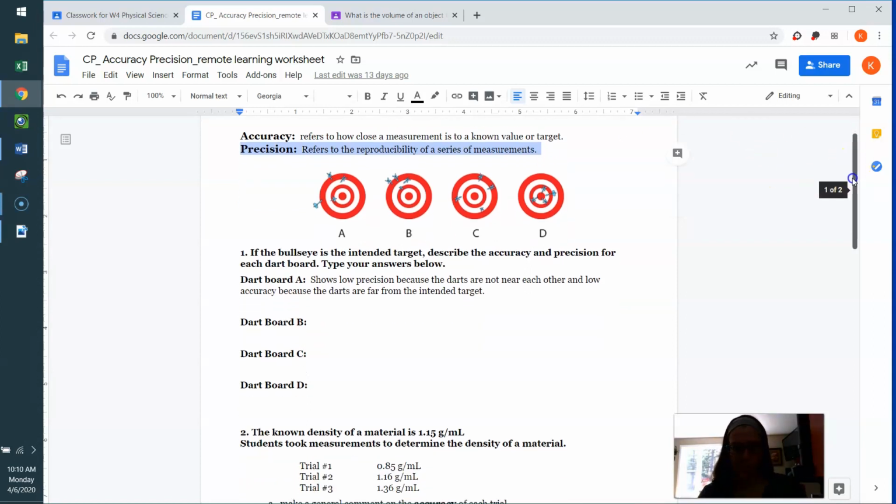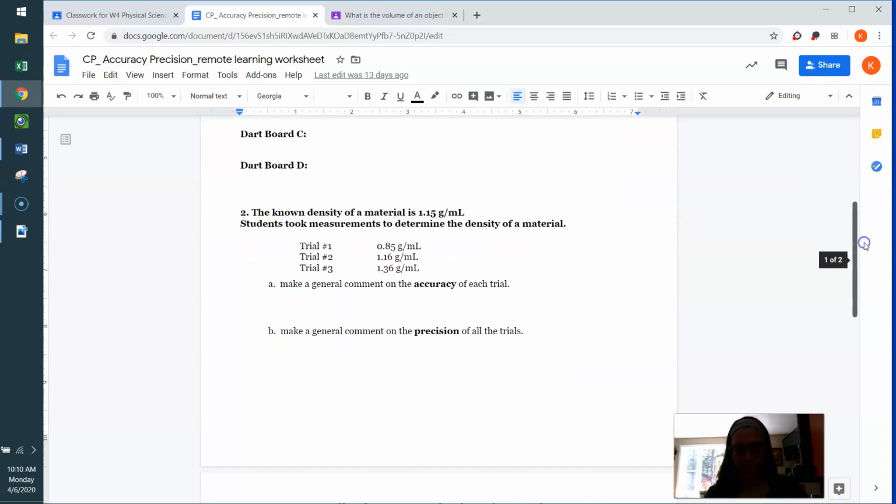Okay, and so I'm going to really just discuss question number 2 briefly. The known value in this case was that the density of the material was 1.15 grams. If you wanted to make general comments about the accuracy, you had to talk about each trial. So trial 1 was not very accurate. Trial 2 was very accurate.